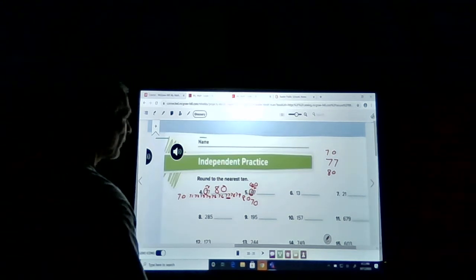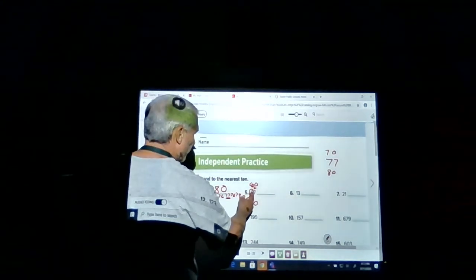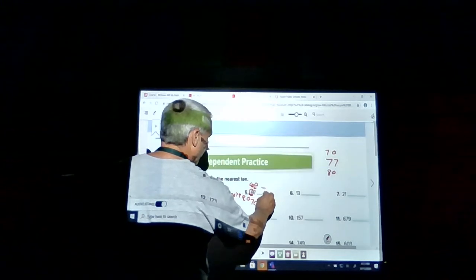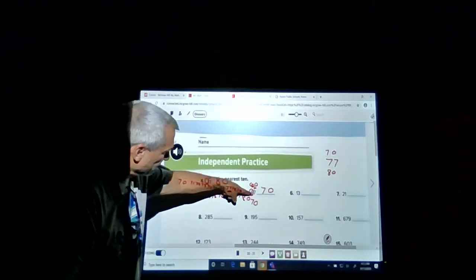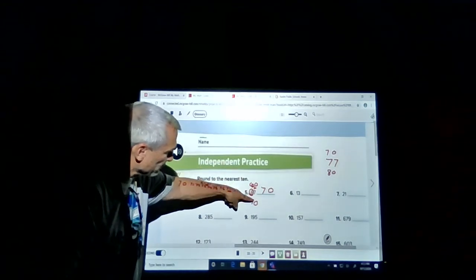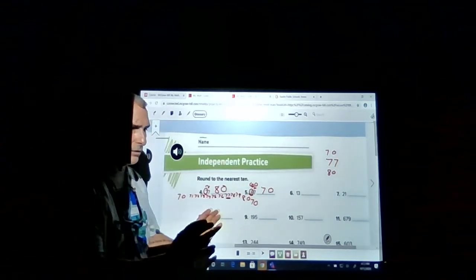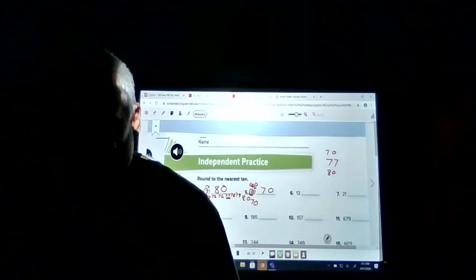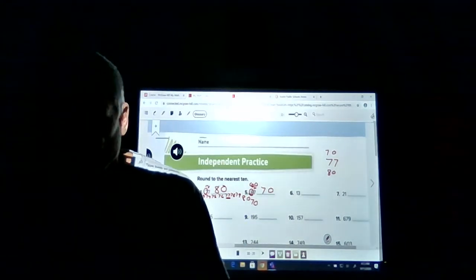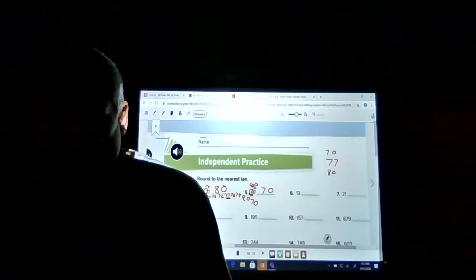It is 5 or more. So the 6 that you circled goes up 1 and replace the ones with a 0. 67, closer to 60 or 70? It's closer to 70. So we're getting close to the number, but we're making it easier in our head. Say, hey, 67 is about 70.